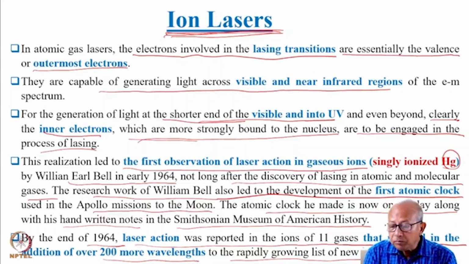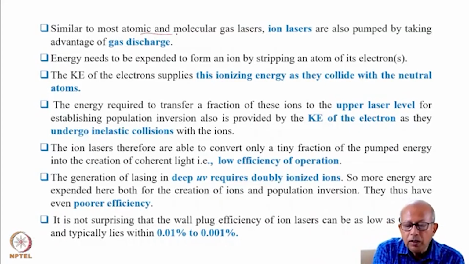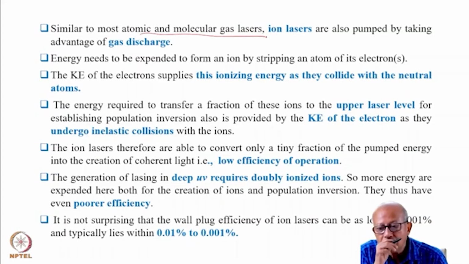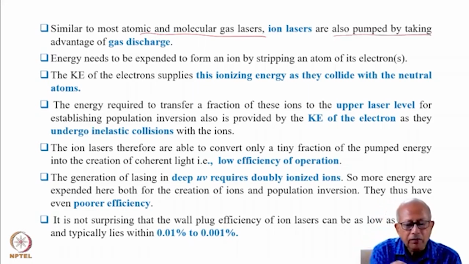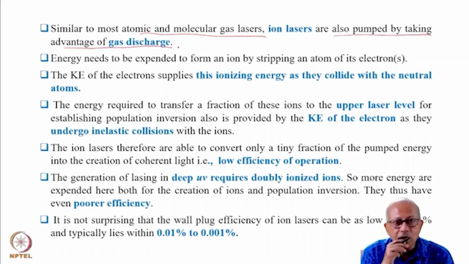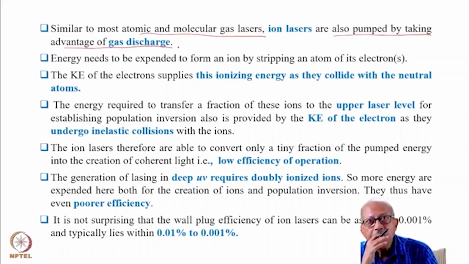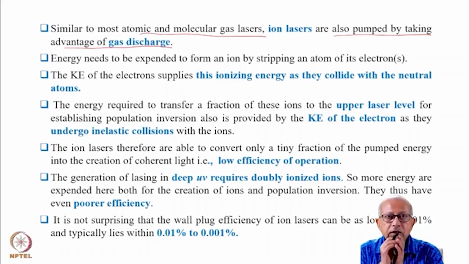That's all. Similar to most atomic and molecular gas lasers, ion lasers are also pumped by taking advantage of gas discharge. That is, basically, you have closed your gas in a discharge tube, you apply voltage, and create electrons, beginning, of course, from the stray electrons which are intrinsically present.